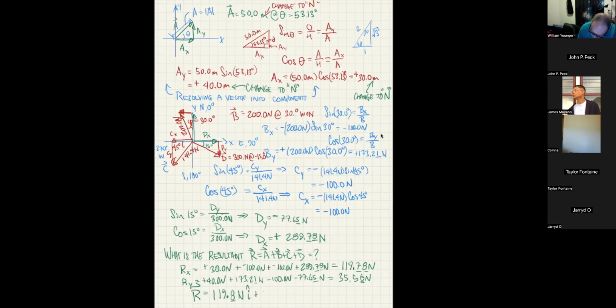Plus 35.56 newtons in the j hat direction. That is technically the answer. Okay, that is exactly a right answer, assuming I didn't make any careless arithmetic mistakes, which is a huge assumption, by the way, so feel free to look for them.